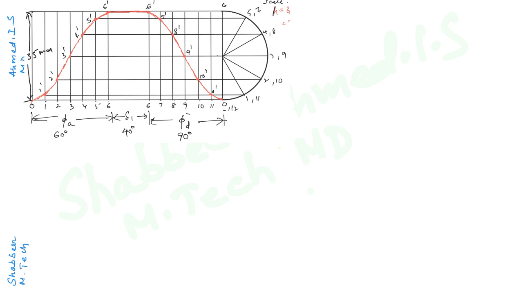So here previously we had seen that h, the maximum height of the follower, was 35 mm, and Rc, the base radius, was 25 mm, and the offset x was 10 mm.